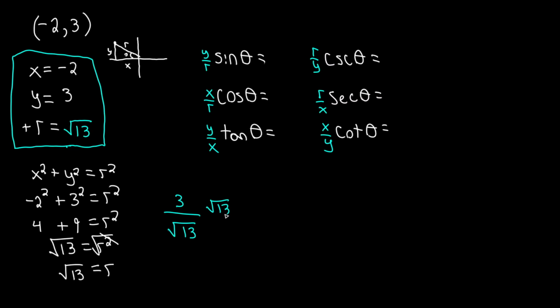So I just multiply by the square root of 13 over the square root of 13. So that I'm given 3 times the square root of 13, and then square root of 13 times the square root of 13 would be equal to 13, because the square roots cancel out when you multiply them together. So we figured that one out.